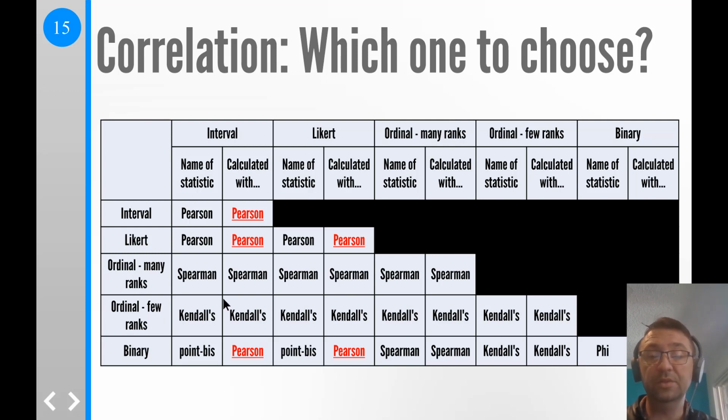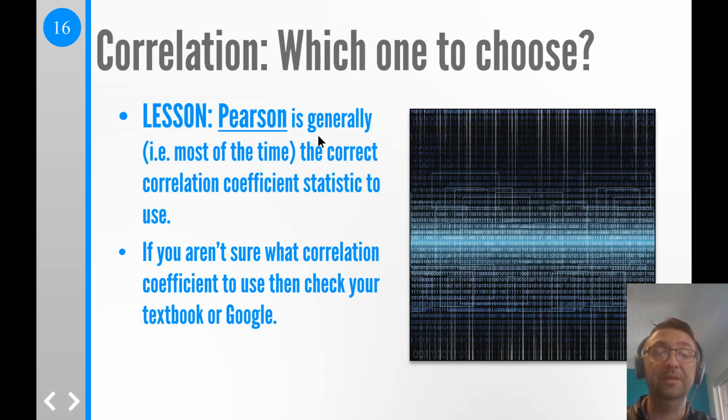Then you've got two other options that you probably need to use, which are the Spearman and Kendall's. My main point here is most of the time it's fine to use Pearson. It's generally the correct one to use, and if you're not sure, then go check a textbook or Google.